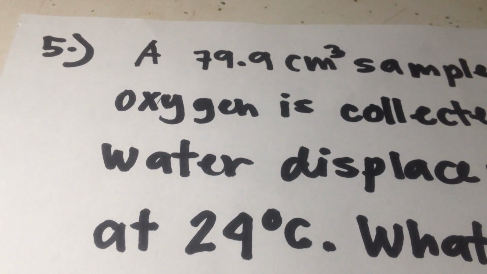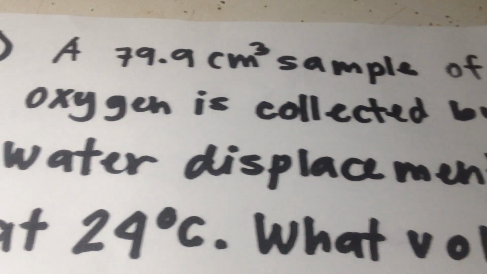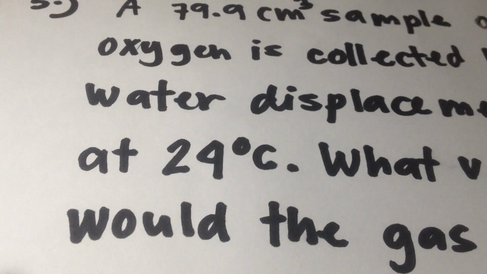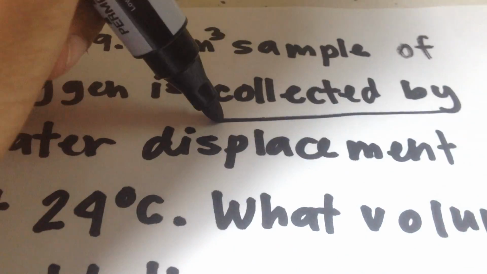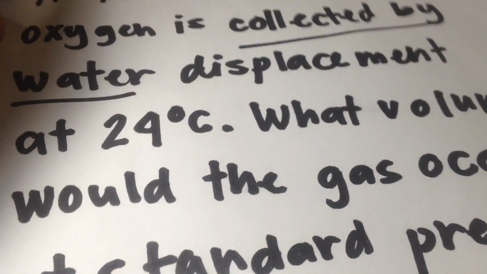Everyone, in this video, let's continue in number 5. A 79.9 cubic centimeter sample of oxygen is collected by water displacement at 24 degrees Celsius. So this is Dalton's partial pressure.